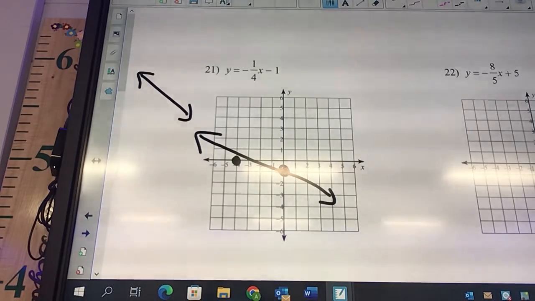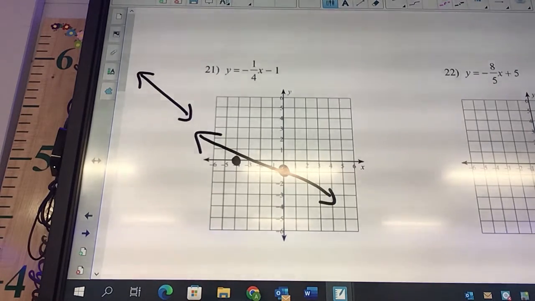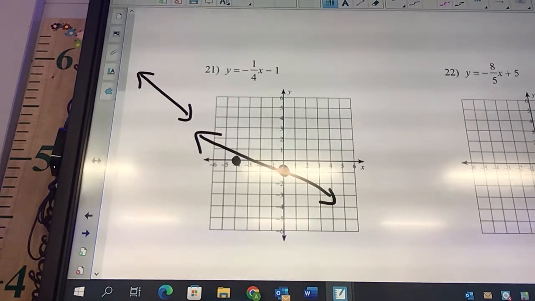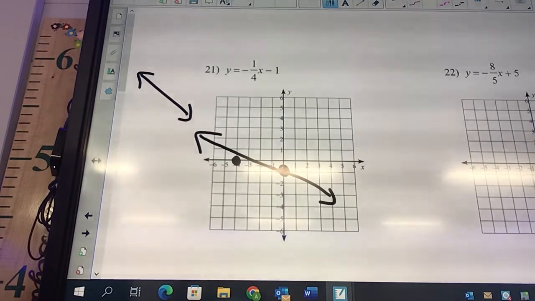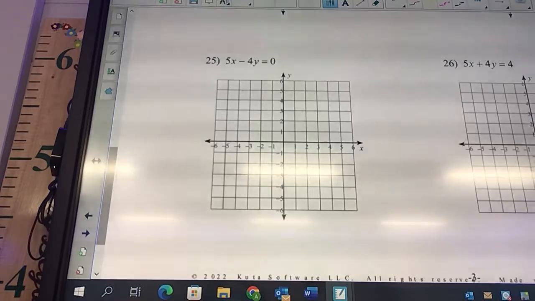Who is it? 23, cross out. Okay, 25. Does this say y equals?